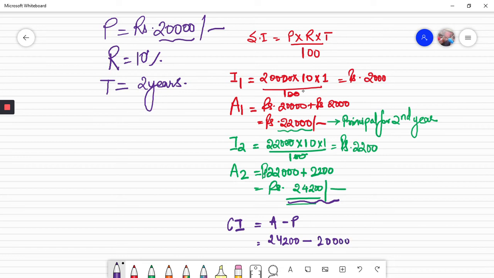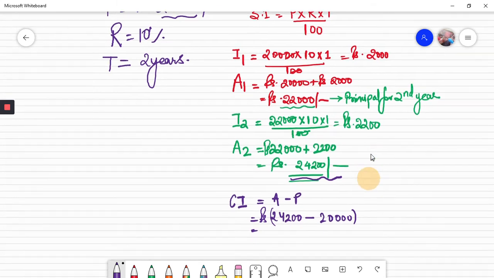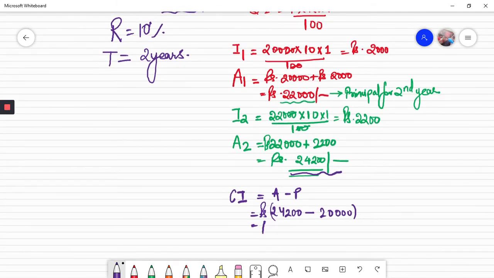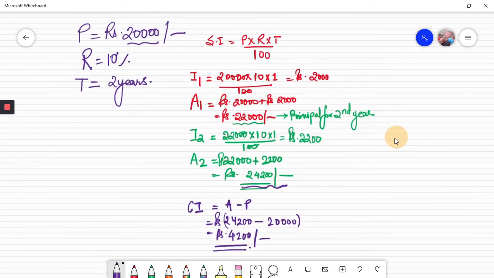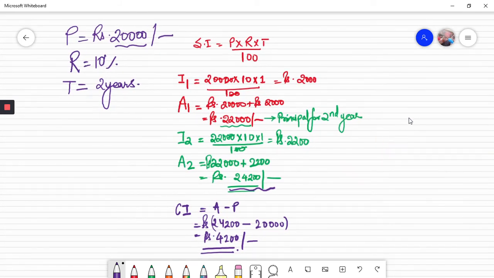But don't forget to mention the rupees unit here. So this will be equal to 4,200. So see, this is very simple calculation, but things will change when the interest is compounded quarterly or half yearly, which I will be showing in the coming videos.